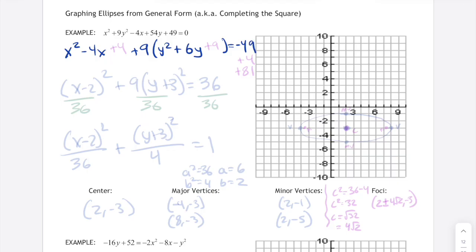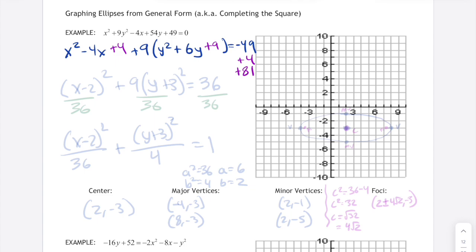Let's see. We're going to add 4. Add 4. Add half of 6, which is 3. 3 squared is 9, but I really added 81. Okay.